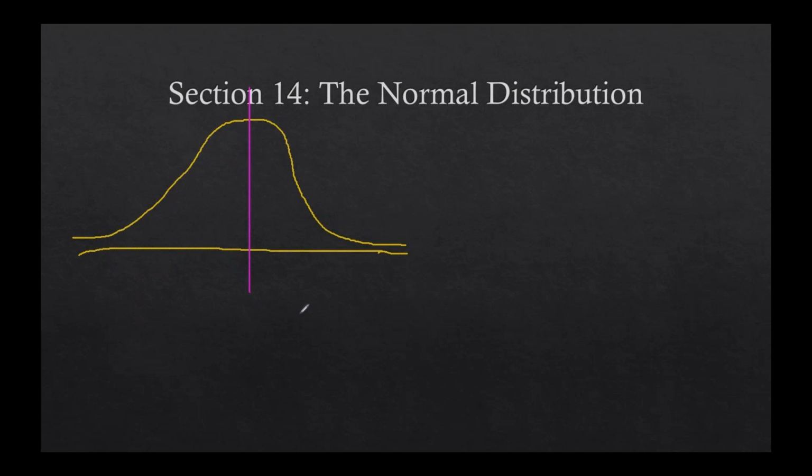Now, obviously, my drawing is horrible, but with the normal distribution and the bell curve, we will have symmetrical data. Now, this line right down the middle represents the mean. It also represents the median and the mode, but for our purposes in this section, we're only really concerned about the mean.